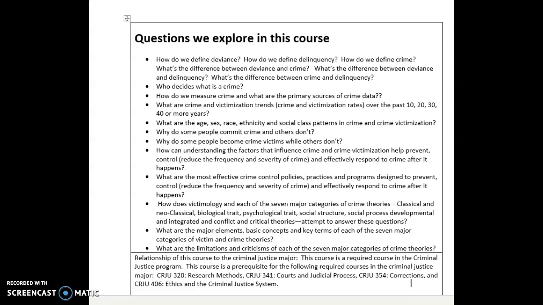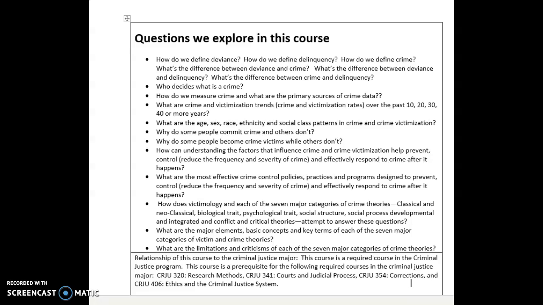And then there are conflict theories that look at critical explanations of why people commit crime and become crime victims. So those are the sociological grouping, the trait theory grouping, and the conflict grouping.